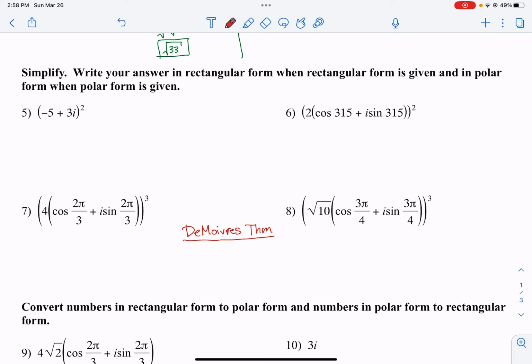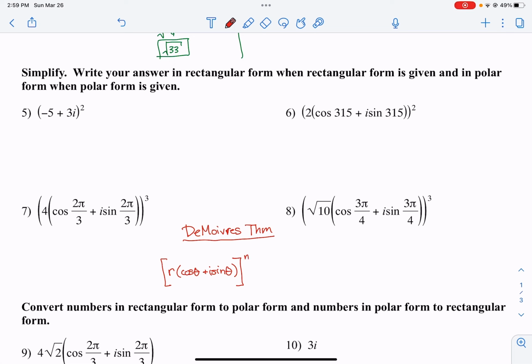So let me write out sort of the formula for it. So if you have, and the formula used R instead of C. I used C in that proof down below, but R works too. So if we have, let's say, this complex number raised to a power n, we don't know what n is.